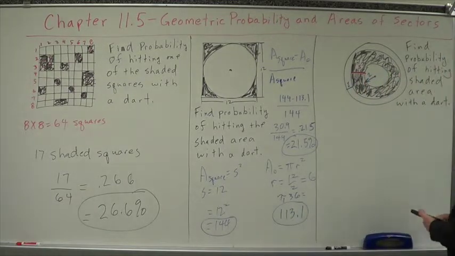So the chances of me hitting the shaded part would be 21.5%.